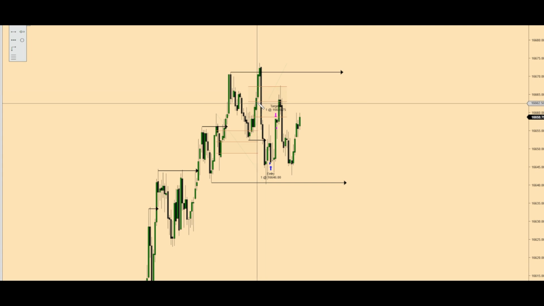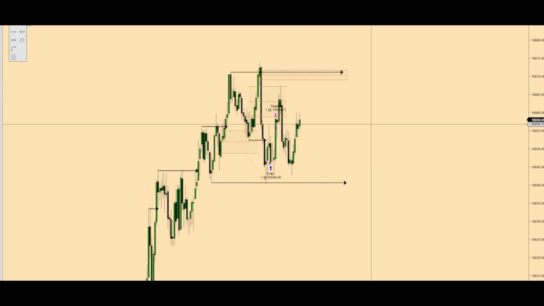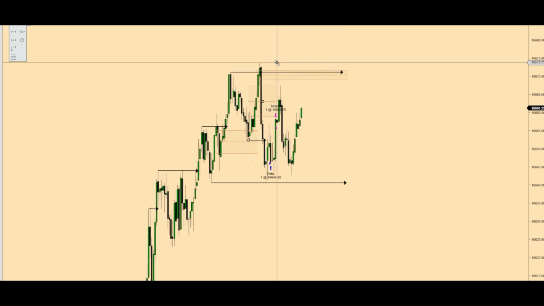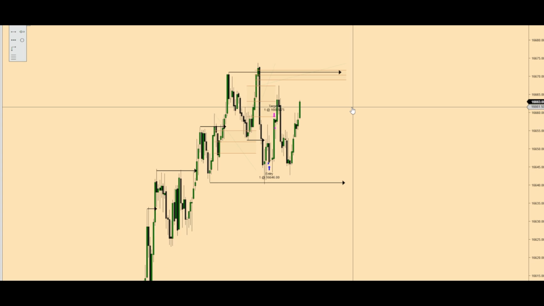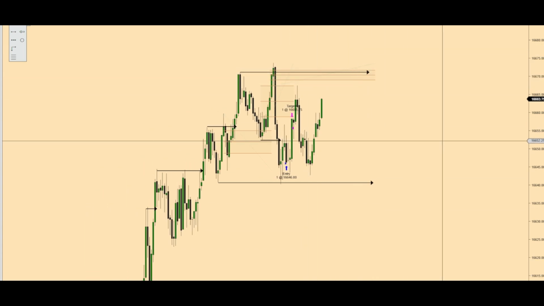So we swept this. This seems unmitigated. We'll try a short up here. If we get some sort of bearish indication, maybe a big wick or something.